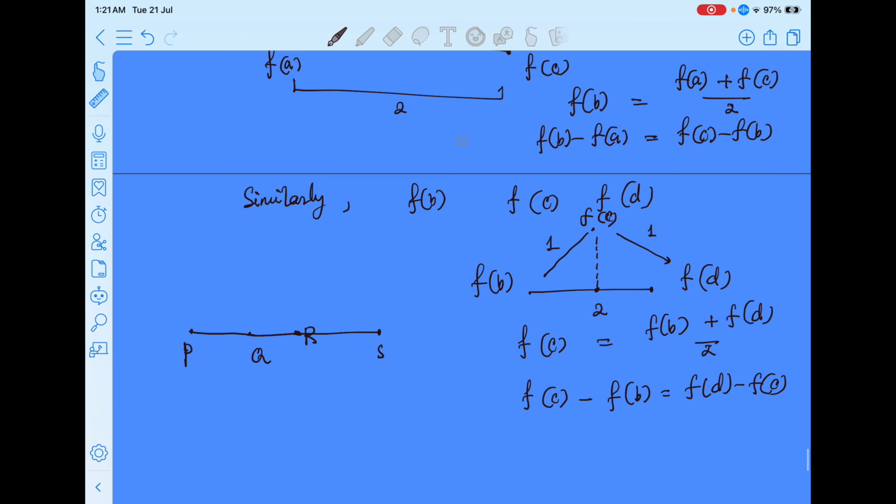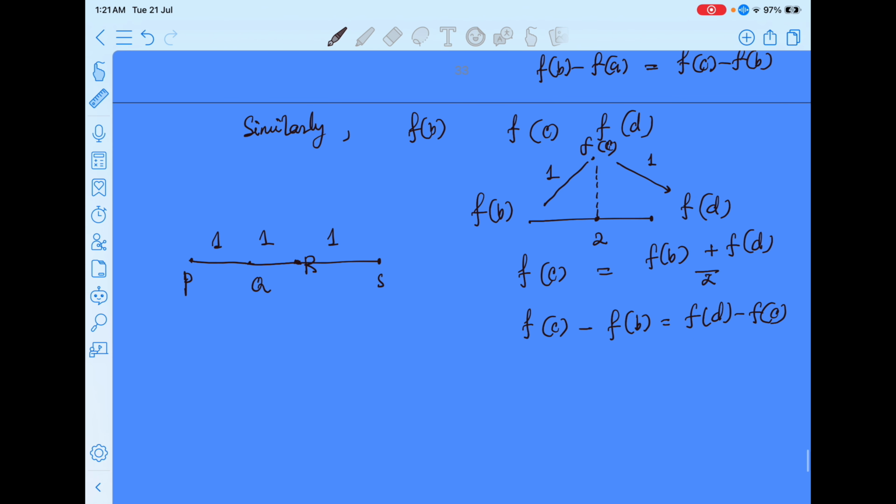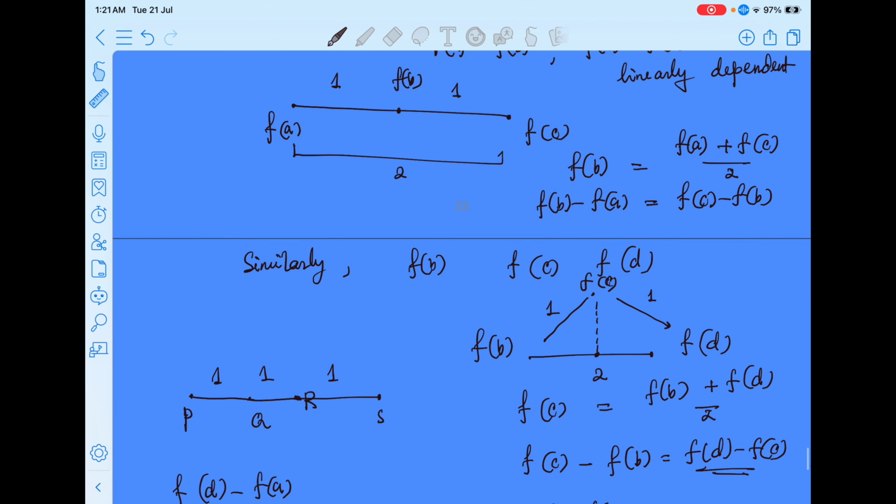So this is the whole line, with segments of length 1, 1, and 1. So f of d minus f of a is f of d minus f of c, plus f of c minus f of b, plus f of b minus f of a. But what is f of d minus f of c? It is nothing but f of c minus f of b.